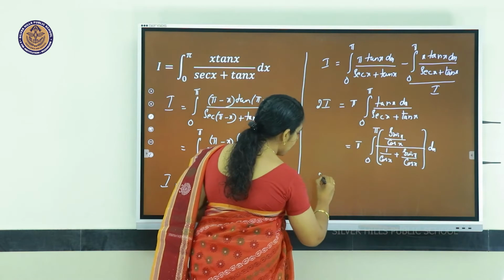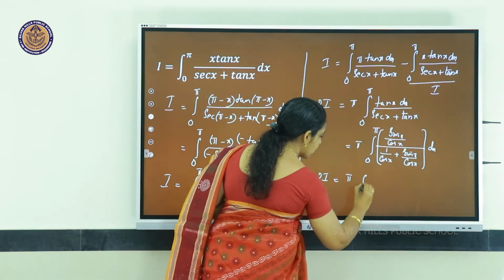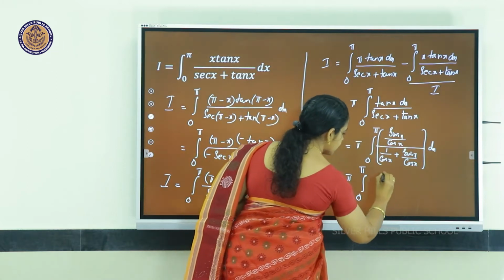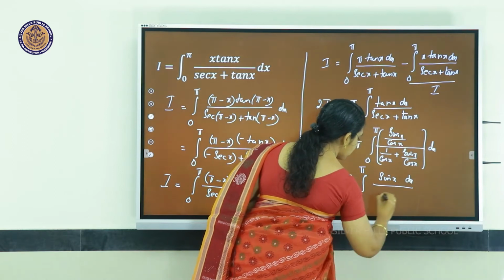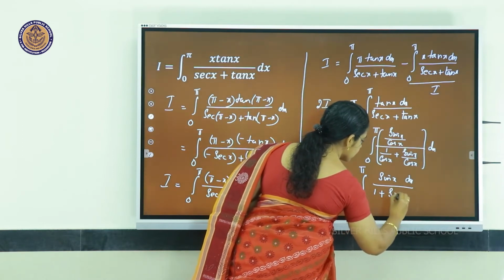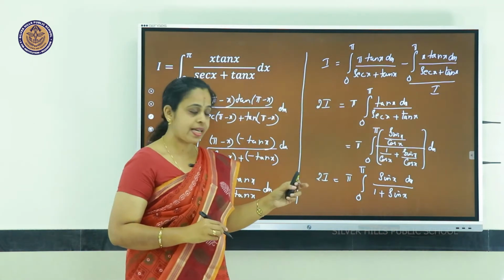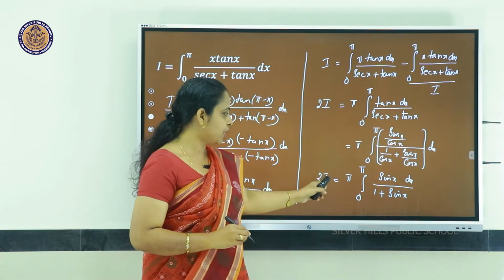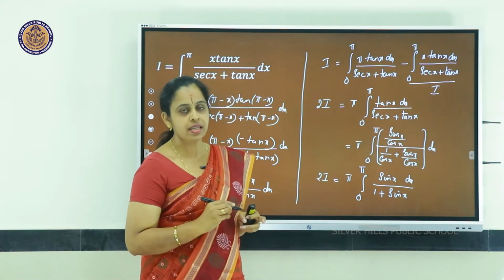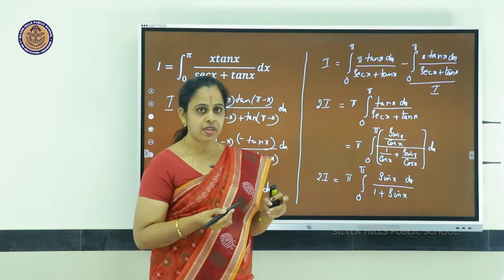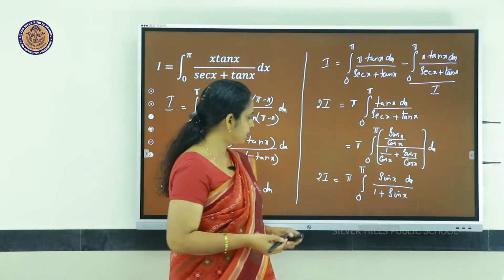So, 2I equal to pi into integral 0 to pi sin x dx divided by 1 plus sin x. Let us take the conjugate of the denominator and multiply, continue in the next step.